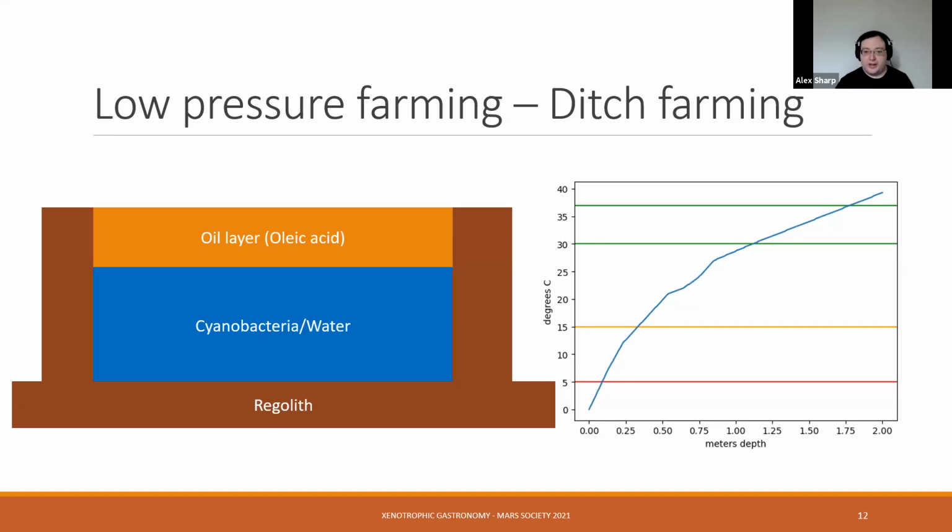And so we chose oleic acid because it's easy to produce biologically, and it has some good chemical properties. If you look at the graph on the side there, anything past the red line, things will start to grow. Anything past the orange line, you've got a wide variety of things that you can grow. The primary issue with this is gas exchange. So as you would expect, you've covered this thing with oil, it's probably frozen at the top.